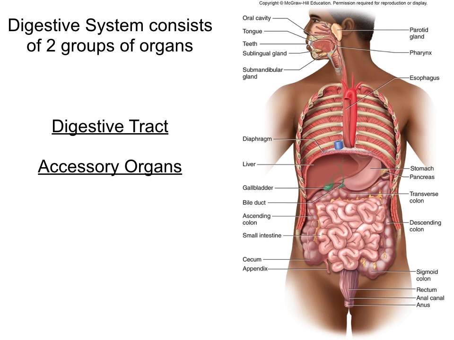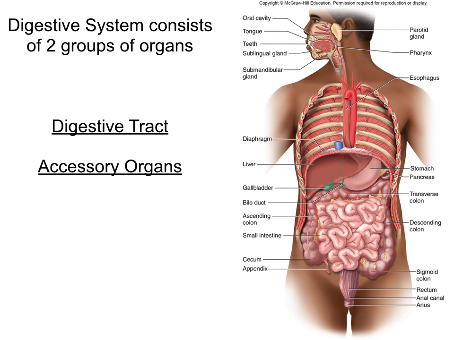Now, your digestive system consists of two groups of organs. You have what is called the digestive tract. The digestive tract is also referred to as the gastrointestinal tract and the alimentary canal. And the structures included in the digestive tract are the mouth, your esophagus, your stomach, your small intestine, and your large intestine.